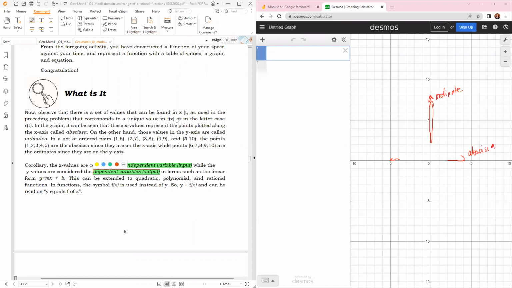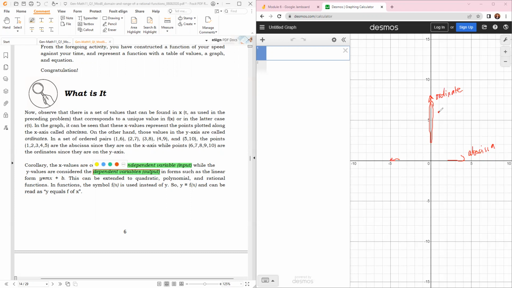So in a set of ordered pairs, the points of the domain, which are 1 2 3 4 5, stay on the abscissa. And the points 6 7 8 9 10 stay on the ordinate. So how will that look like?